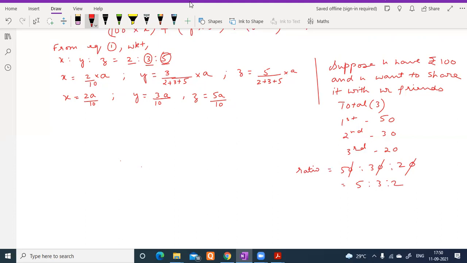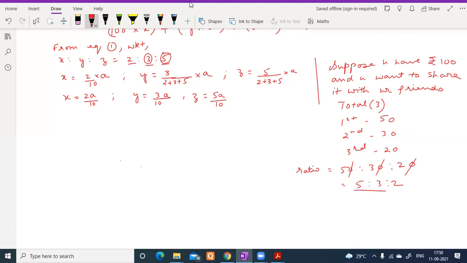Okay. This doesn't mean that you are having 5 rupees. This doesn't mean that your second friend is having 3 rupees. This doesn't mean that your third friend is having 2 rupees. It just shows the ratio in which they are divided. That is in the ratio of 5:3:2.